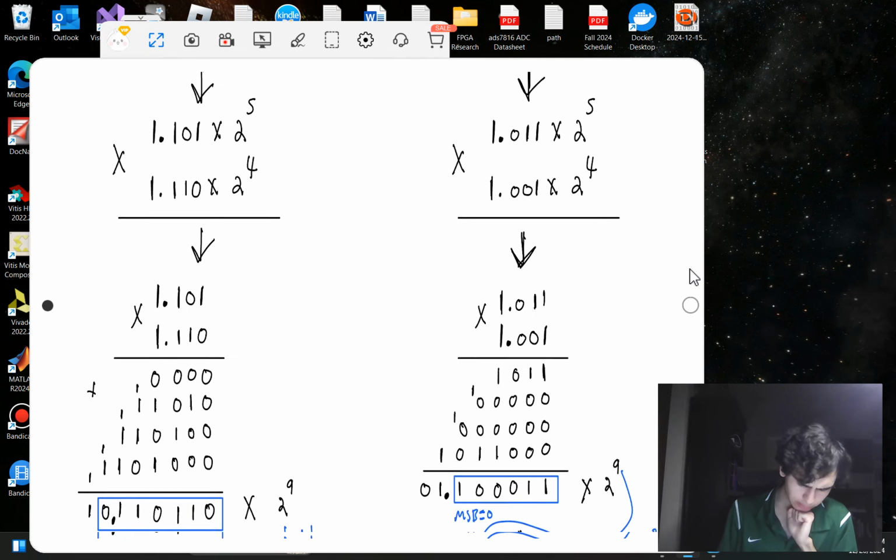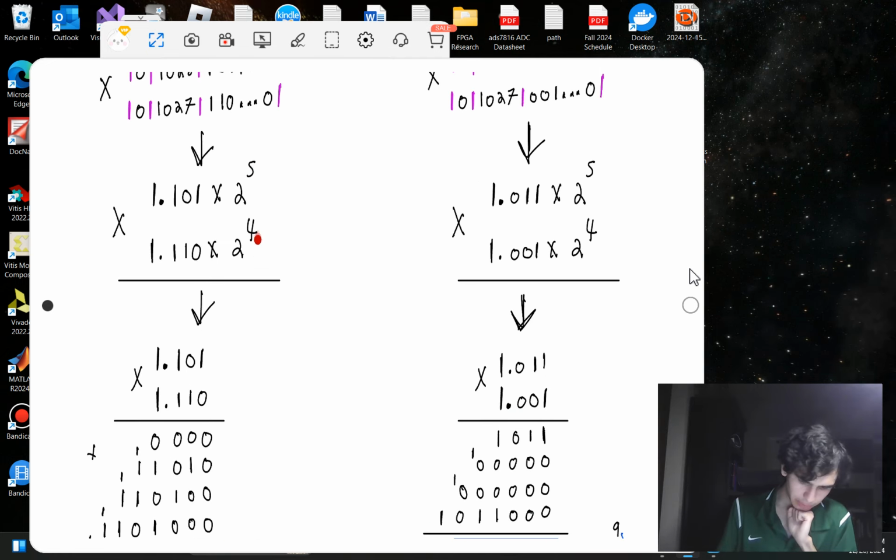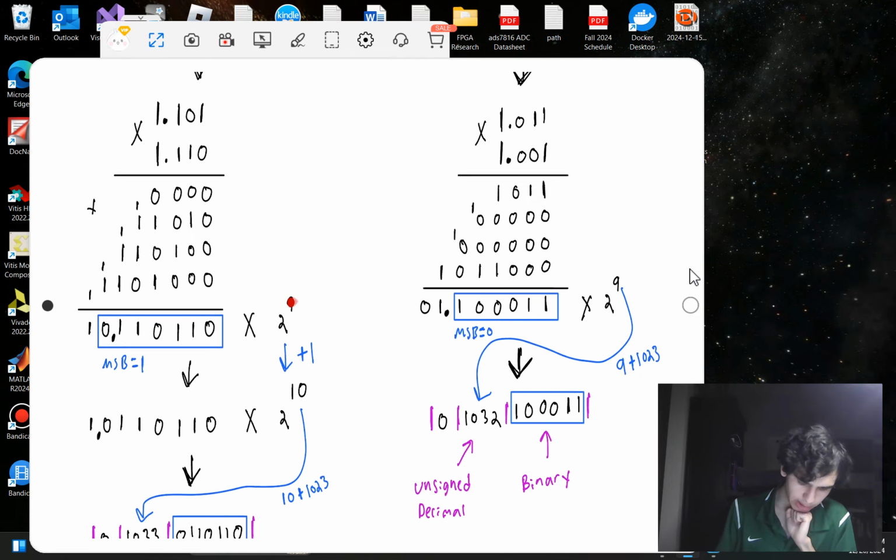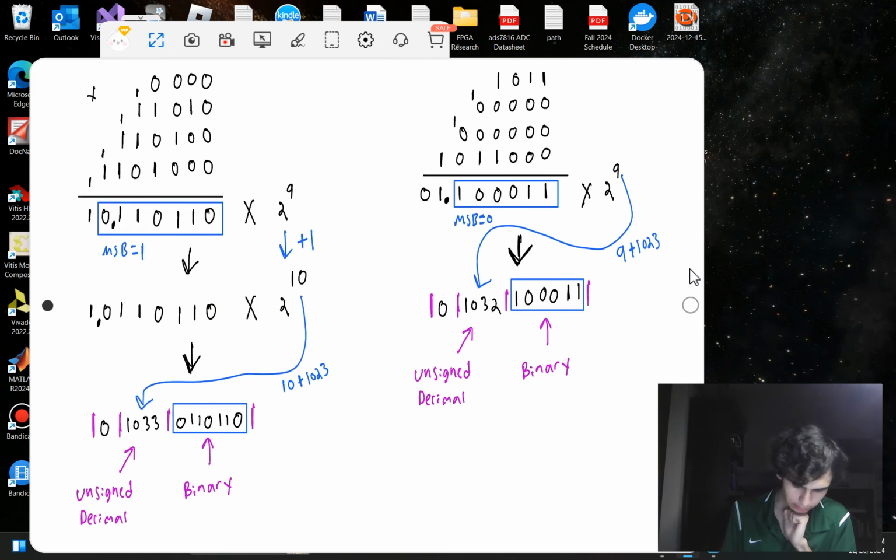You get this value. 5 plus 4, 2 to the 9. You look at this. Because the most significant bit is 1, you're going to copy this value into the mantissa of your final value. Then you're going to take the exponent field and add 1 and then store that in here.